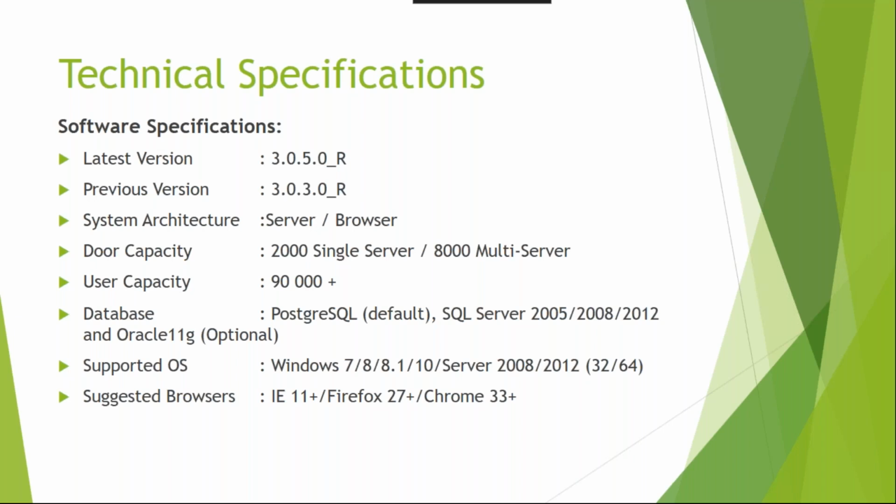The default database is PostgreSQL, but it also supports SQL Server and Oracle. The supported operating systems are Windows 7, Windows 8, Windows 8.1, Windows 10, and Windows Server 2008 and 2012, regardless of the operating system bits, whether 32 bits or 64 bits.